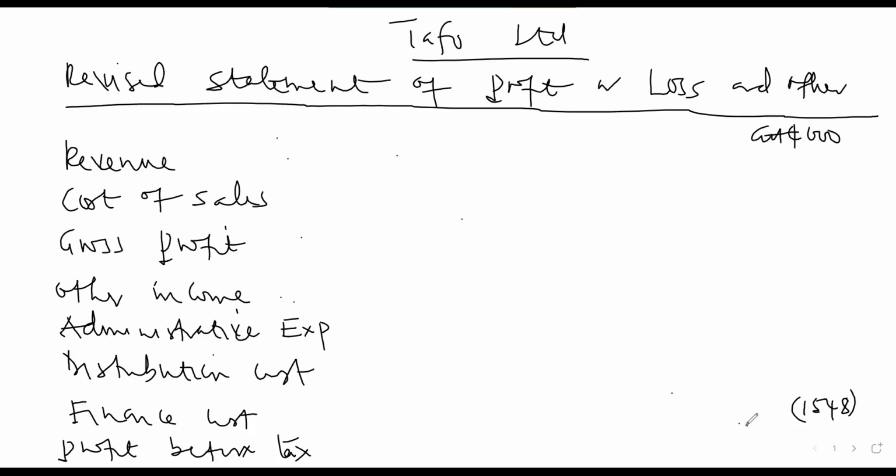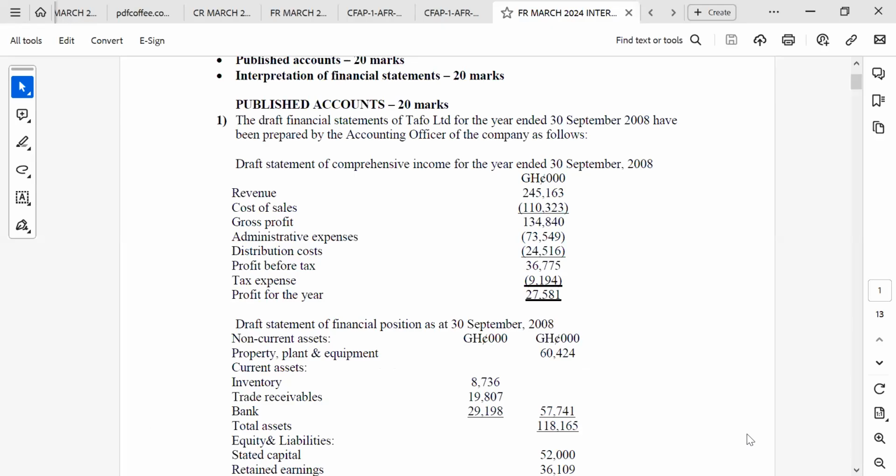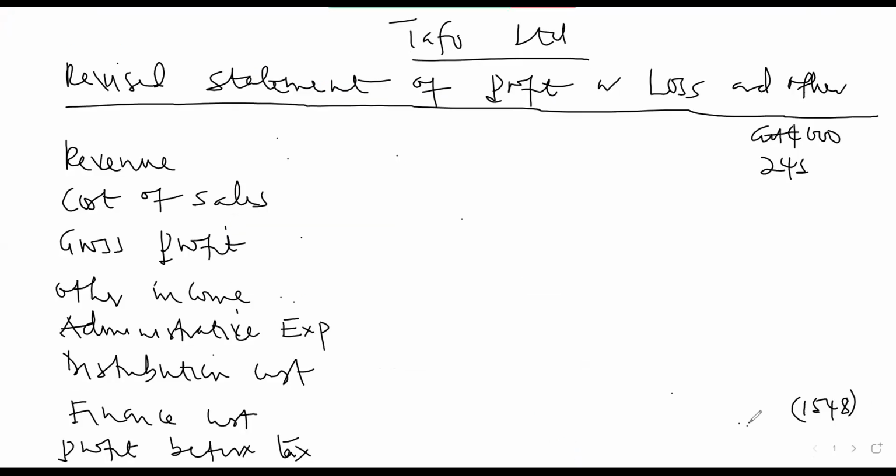So it means that nothing is affecting the revenue, isn't it? Let's pick the revenue figure. What figure are we having for the revenue? 245,163. What is the cost of sales? Please, we didn't adjust the cost of sales.